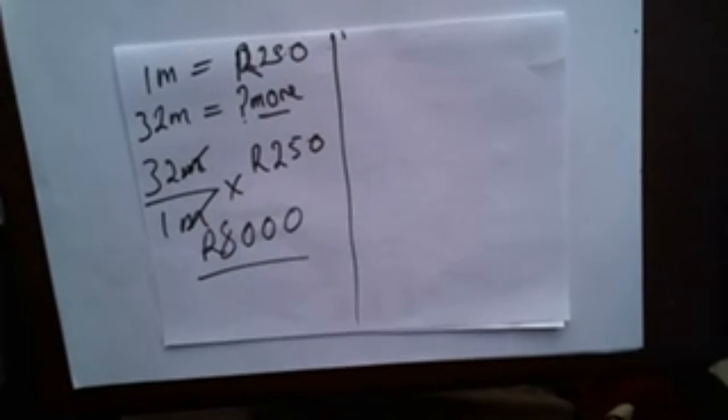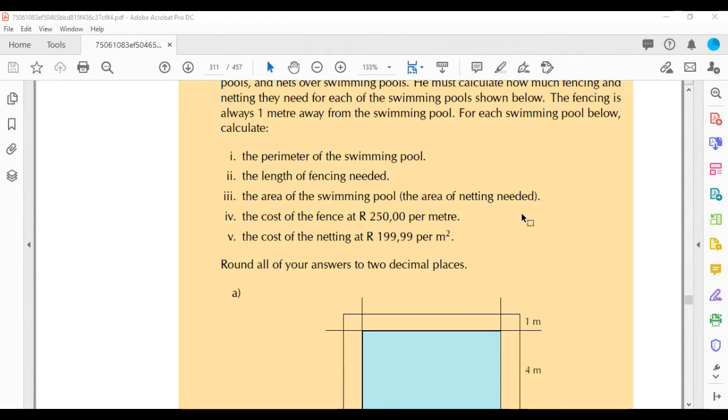Okay, let's look at question number 5. Question 5 is saying the cost of the netting is at 199.99 per meter squared.